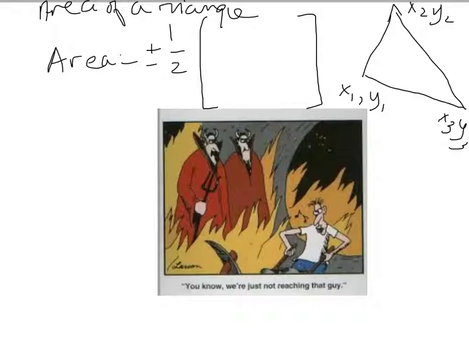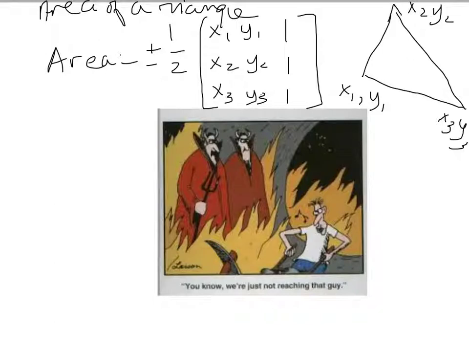So the way we would set up our matrix is we would go x1, y1, x2, y2, x3, y3. Okay, this is a 3 by 2 matrix, but to find the determinant, I need it to be a square matrix. So in the last column, I toss 1, 1, 1.